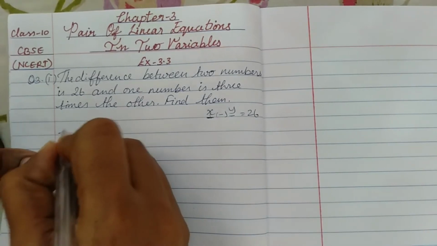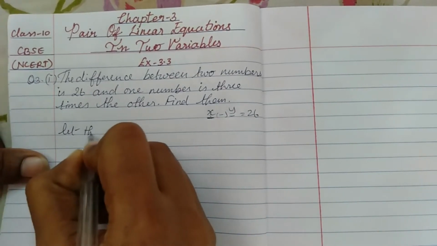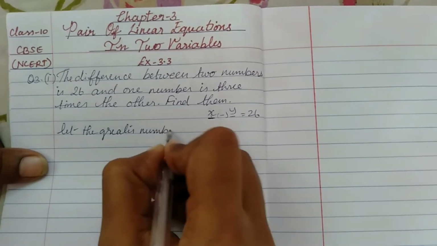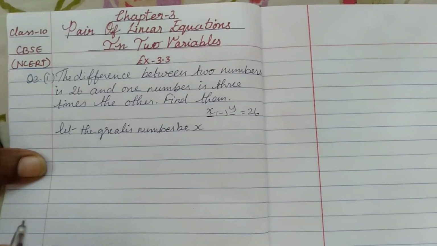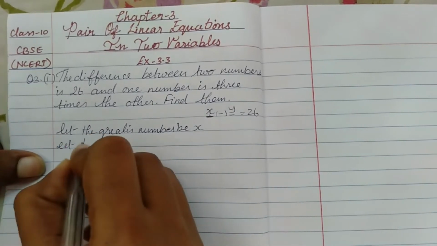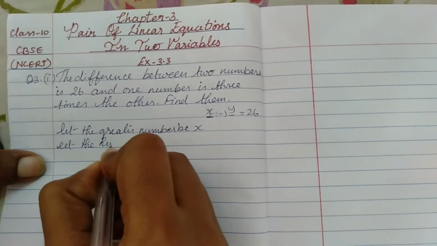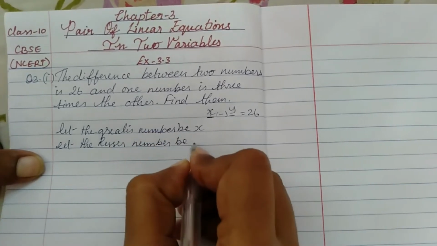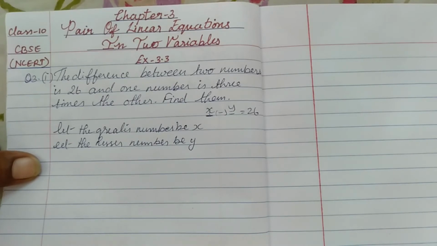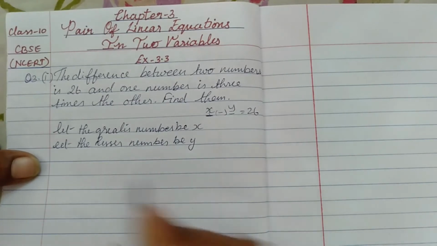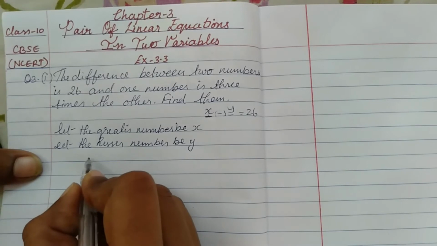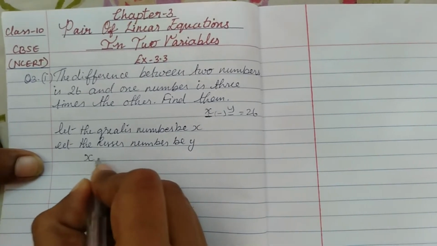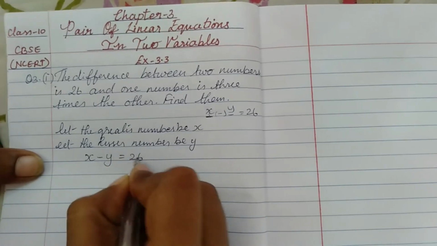So let the greater number be x and let the lesser number be y. Okay, so our first equation is greater number minus lesser number is equal to 26. So x minus y is equal to 26.